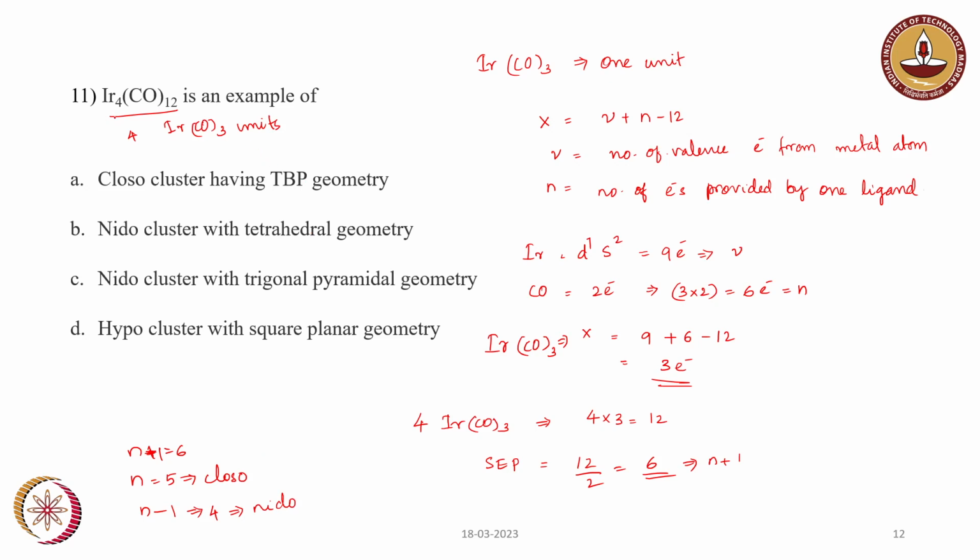So n equal to 5 means that will be TBP, trigonal bipyramidal, and when we have n minus 1, that means one of the vertices will be removed.